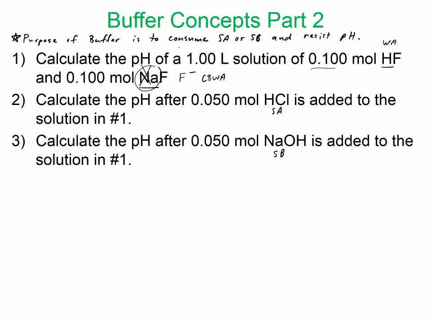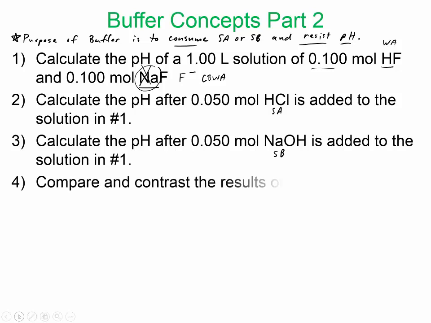Consume as much of it as it can and resist pH change. And then what we're going to do after is compare and contrast the results of all three calculations. So let's go ahead and work these problems out.